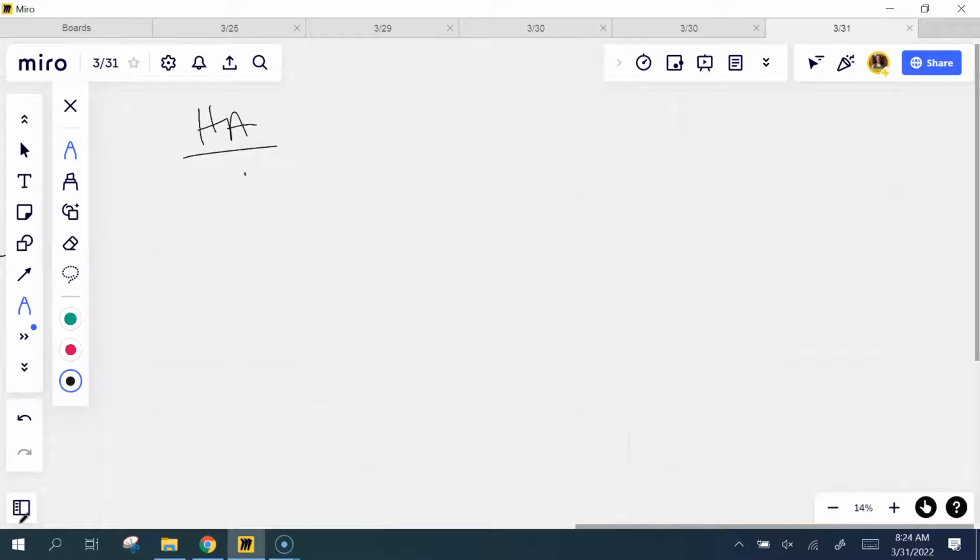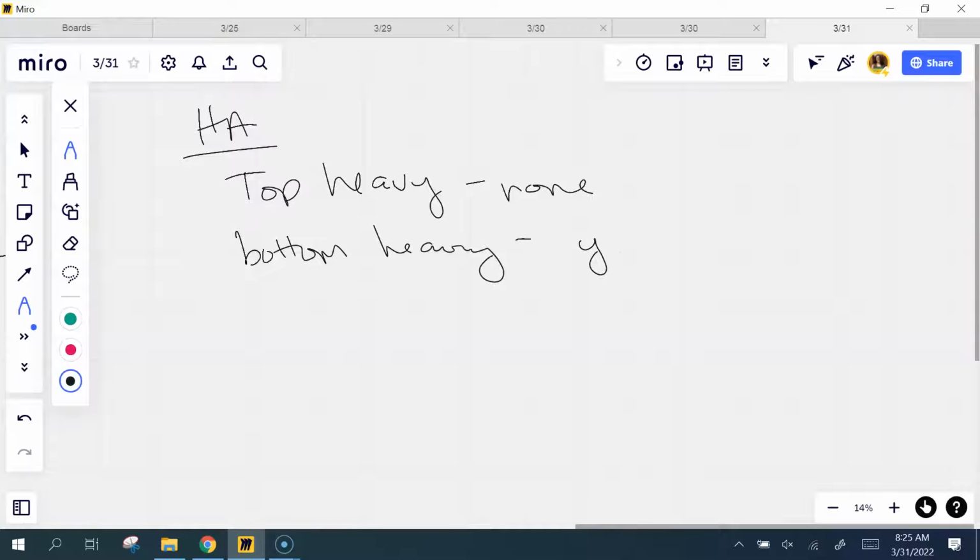Horizontal asymptotes. If I'm top heavy, it's none. Bottom heavy, y equals 0. And if they're the same, it's the leading coefficient of the top divided by the leading coefficient of the bottom, and that's your asymptote.